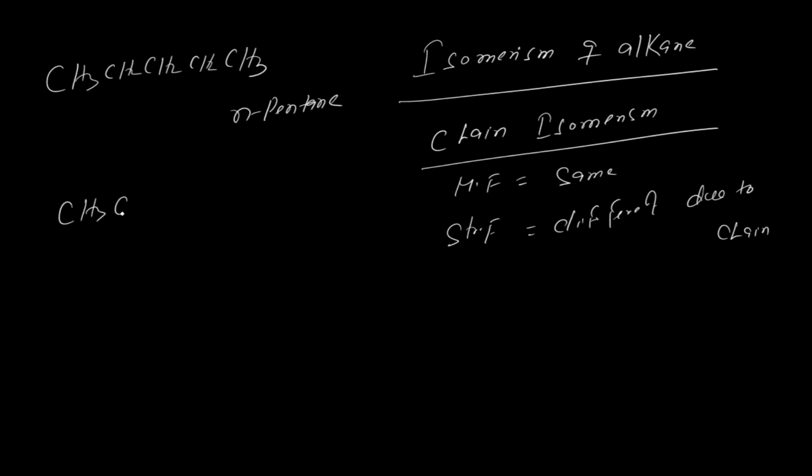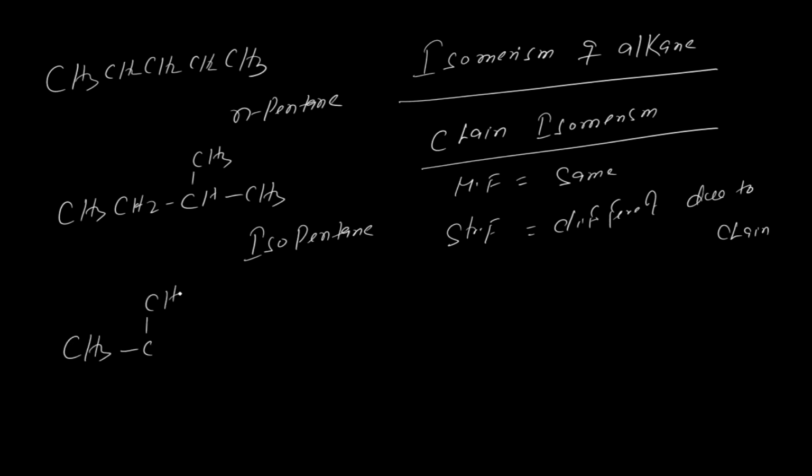Now, if there is a branching from any middle carbon, if there is one branching from the middle carbon, it is known as iso. So it is isopentane over here. And if there are two branchings from the middle carbon, this will be known as neopentane.